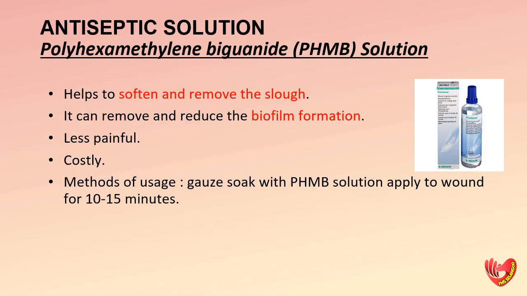Another commonly used antiseptic solution, the PHMB solution, helps to soften and remove the slough. It can remove and reduce the biofilm formation. It is less painful. However, it is costly. The same method is used, but it is soaked in the PHMB solution and it is applied to the wound for 10 to 15 minutes.